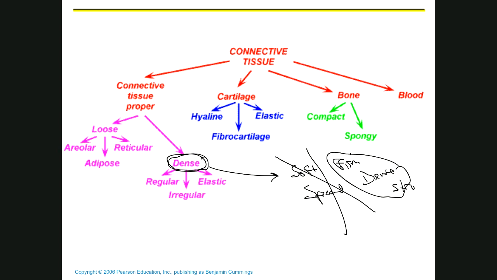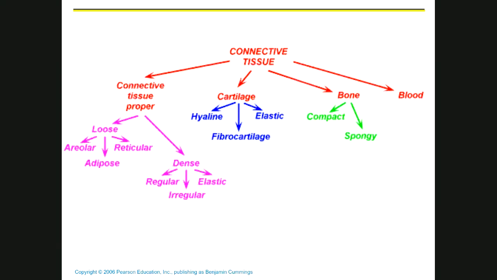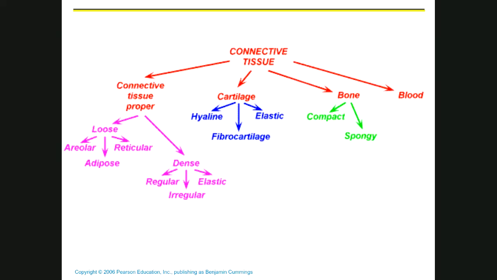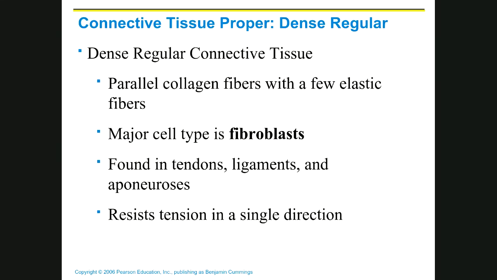And again, there are three of these as well. There's dense regular, there's dense irregular, and then there's elastic. So let's look at these. Dense regular, dense irregular, and elastic. Let's look at dense regular first.